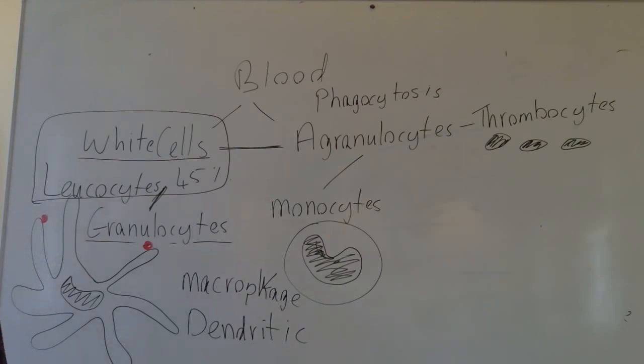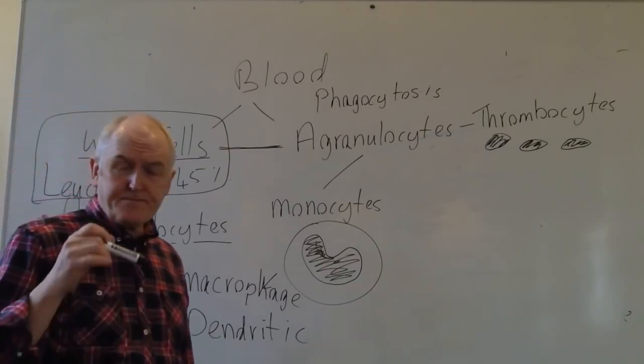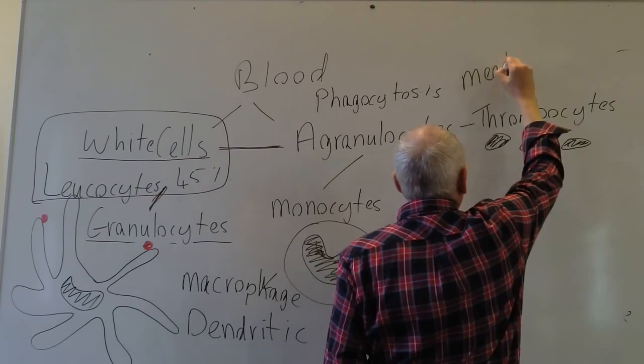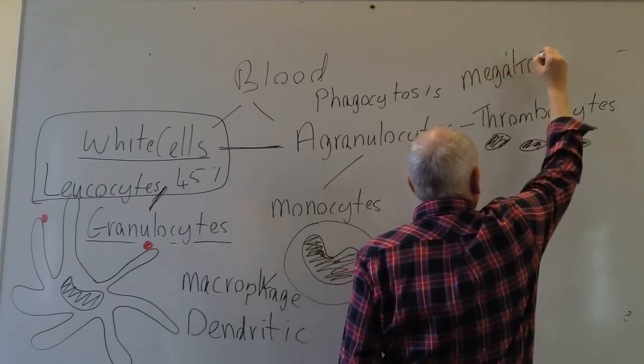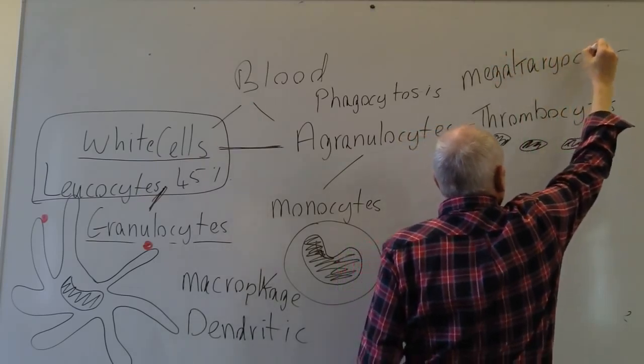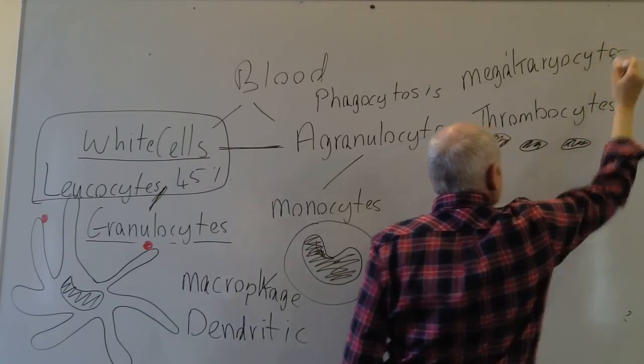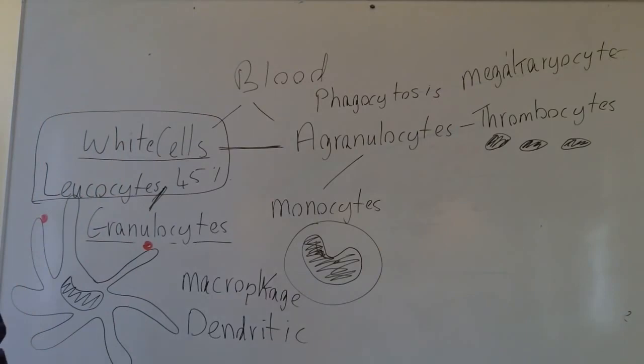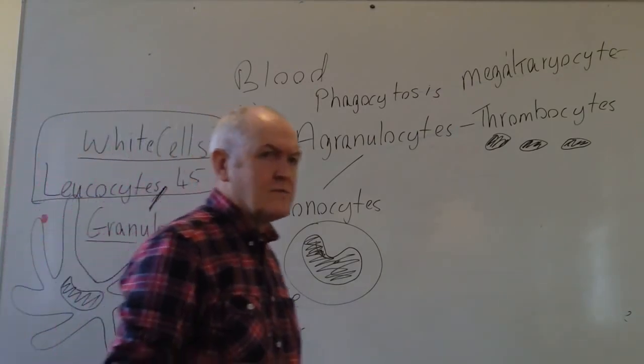And the cell they derive from, we don't find in the blood, but it lives in the bone marrow. The cell they derive from is called a megakaryocyte, which are positively huge cells, absolutely colossal.